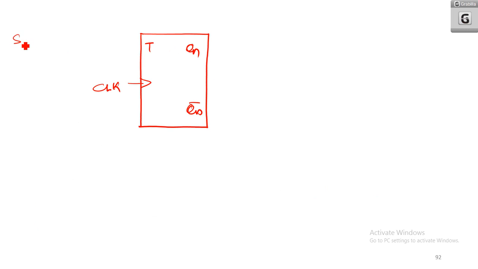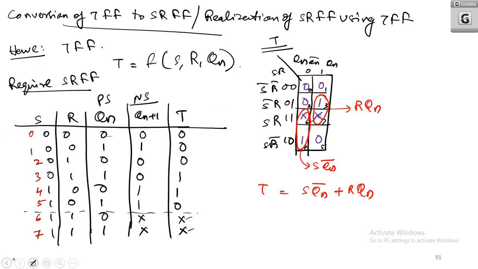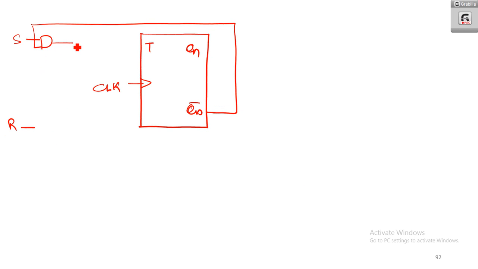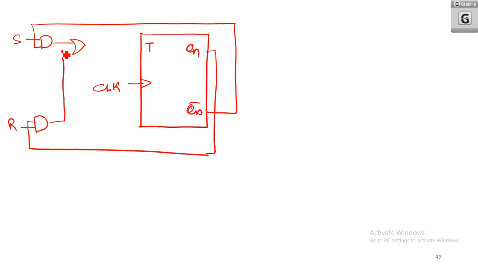T is S Qn bar or R Qn, so S and R are the inputs. S and Qn bar go to one gate, R and Qn go to the other, and there is an OR gate. Here you will get T. That is, the SR flip-flop is realized using the T flip-flop.